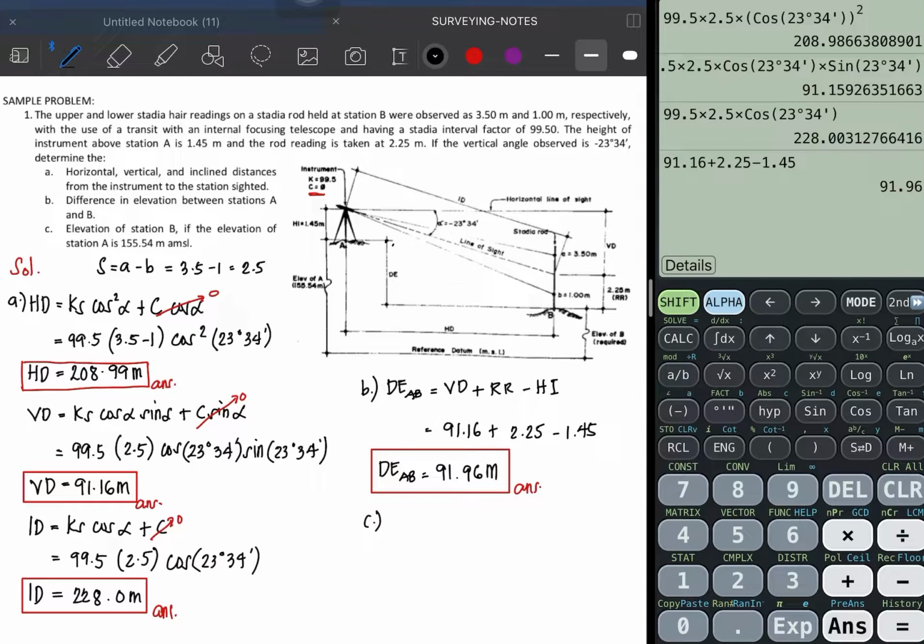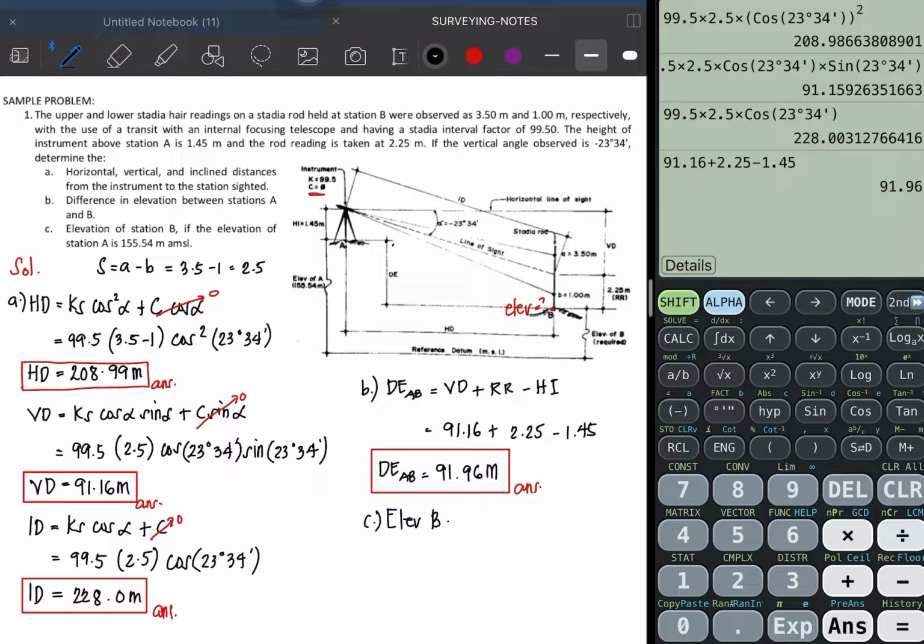And then last, letter C, you have elevation of station B. Okay, so what is the elevation of B?